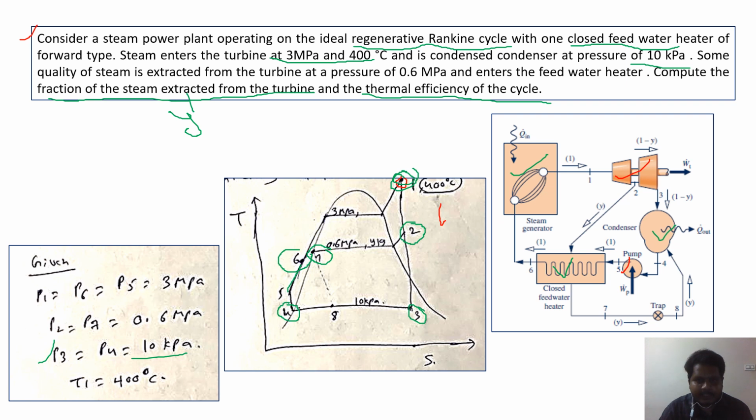And this is point 1, where the temperature is 400 degrees centigrade, T1 written here. So with this data we have to find the amount of steam extracted at point 2 and the thermal efficiency of the cycle.